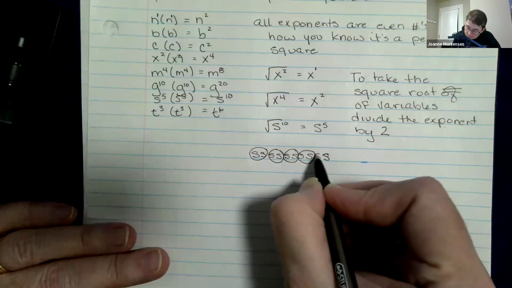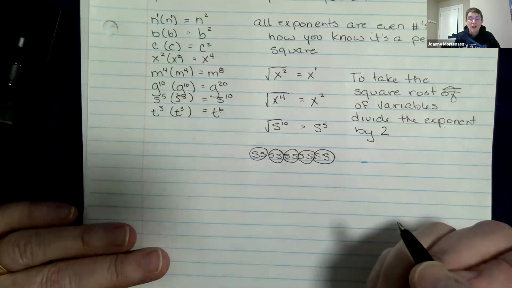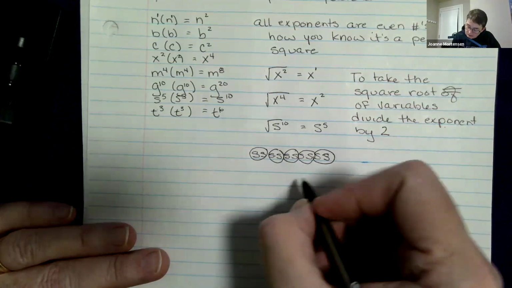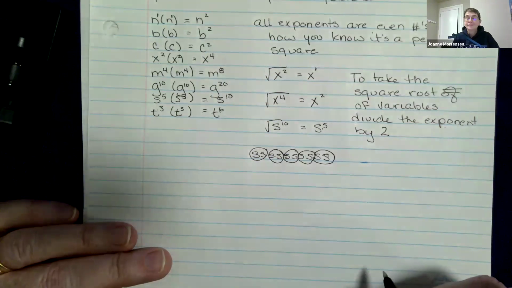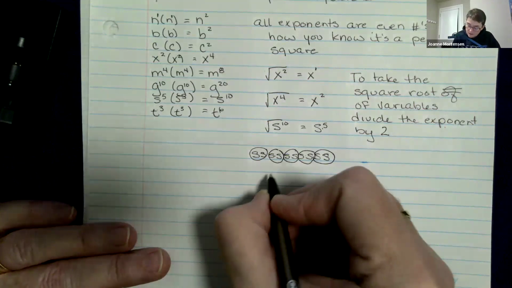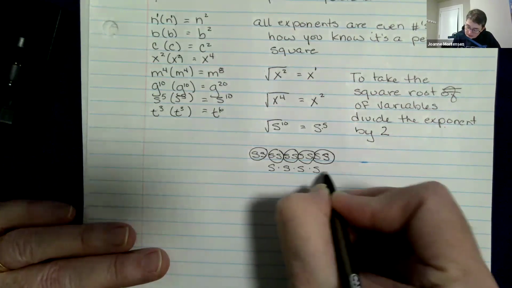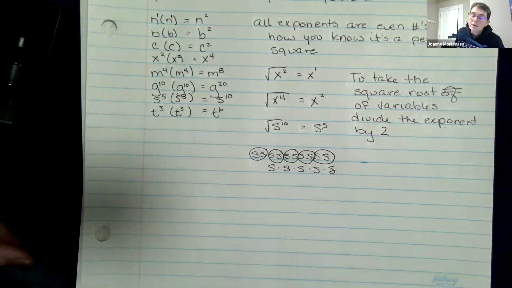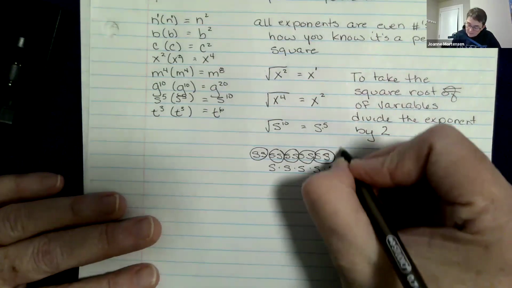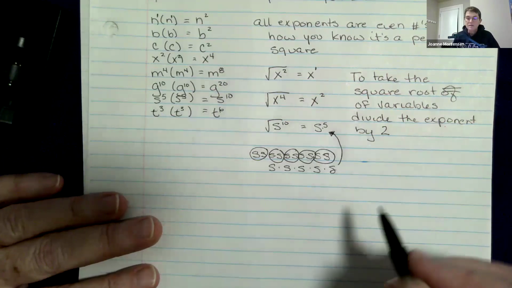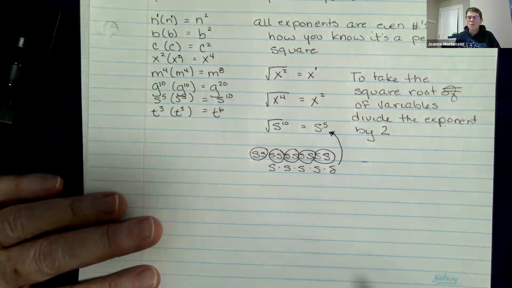And surprise, 1, 2, 3, 4, 5. And you multiply them together because you'd go s times s times s times s times s. And away you go. You would get this. So do I need to do this every time? No, of course not. Just divide it by 2.